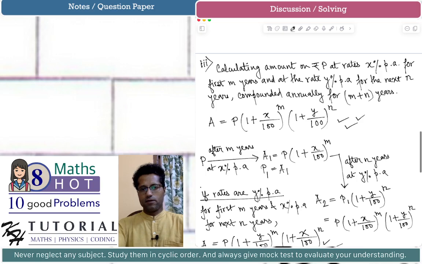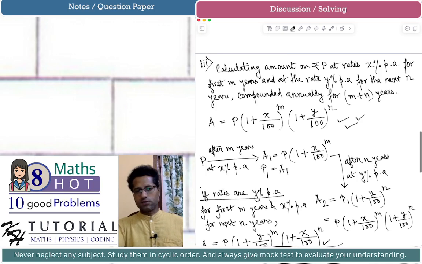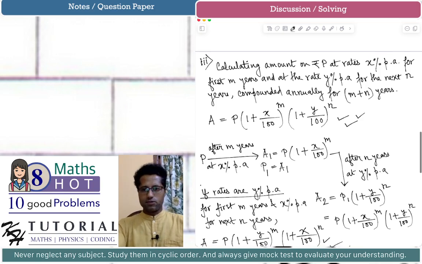In the third case, we have x% per annum for the first m years and then y% per annum for the next n years. Now this can be extended for any number of rates of percentage for any consecutive years.